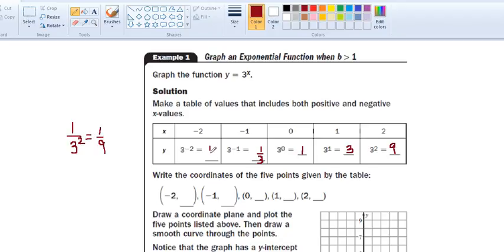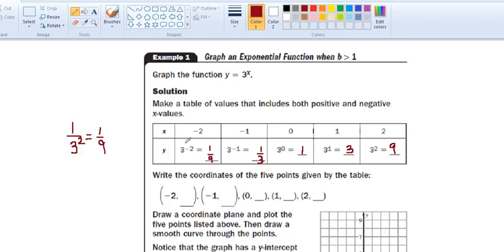So we'll put 1/9 right here. All we've done so far is apply x in that spot right there, and it's going to change when we do 3 to whatever x is. As x changes, y changes.